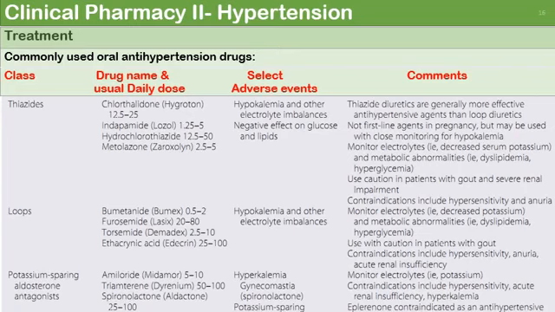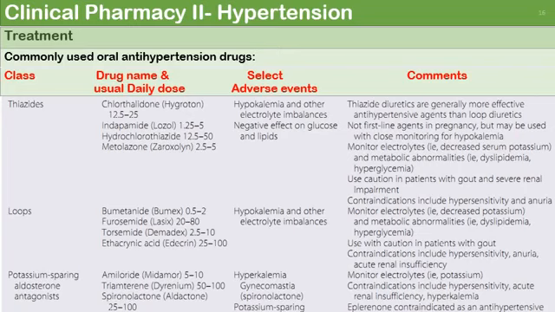Side effects of this class include hypokalemia, electrolyte imbalance, negative effects on glucose and lipids, and may cause hyperglycemia or hyperlipidemia. Generally, thiazide is more effective in lowering blood pressure than loop diuretics. They are not first line in pregnancy, but may be used with close monitoring of hypokalemia.